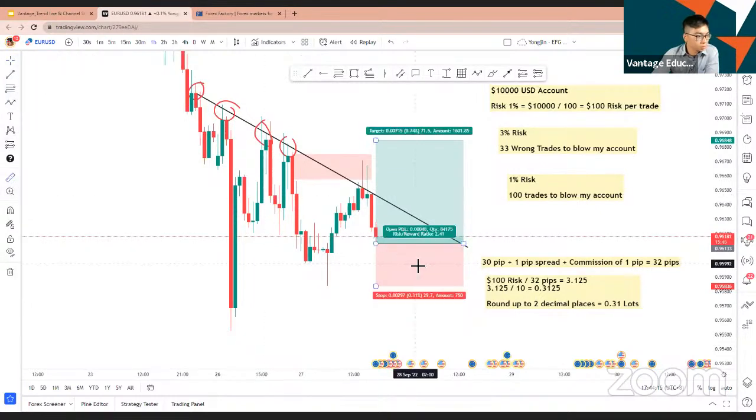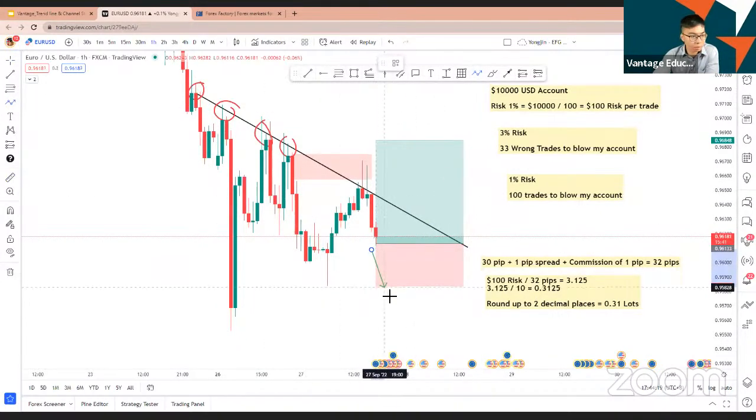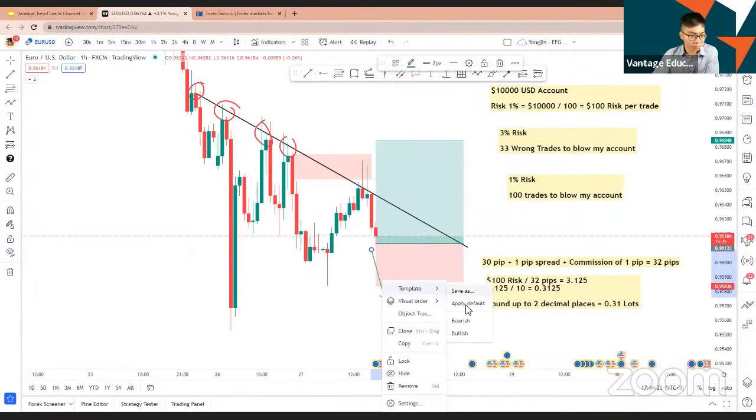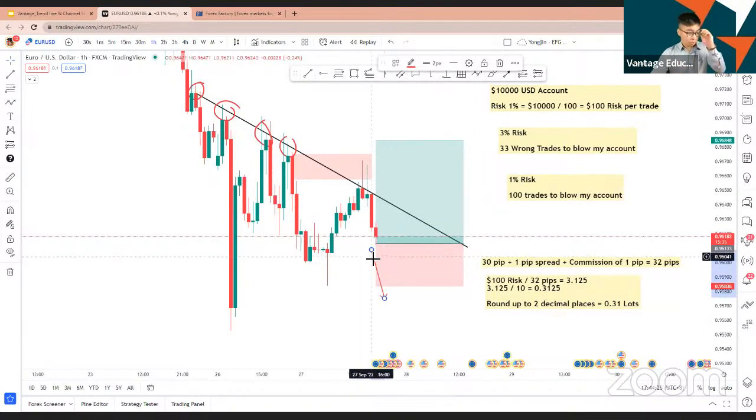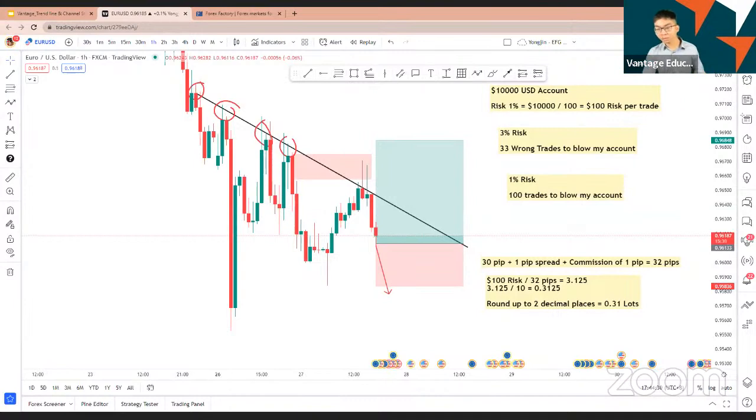So let's take a look. Let's say price goes all the way down to my stop loss. I would have only lost 1%, maximum $100. When I first started trading, people told me to use the same lot size for any single trade.